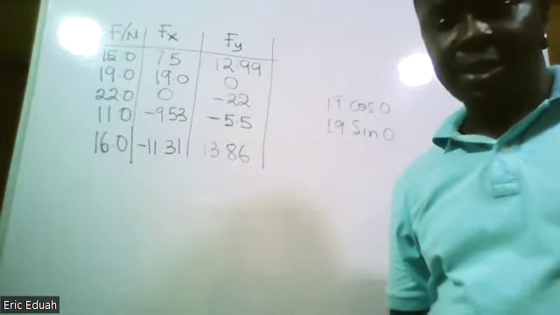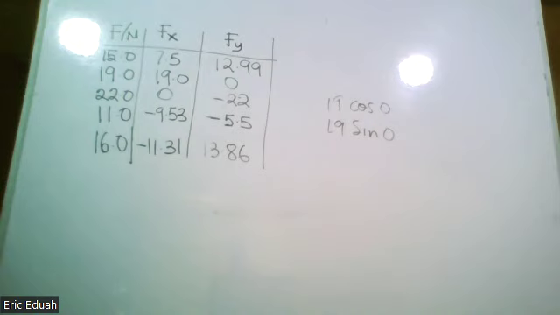All right. So these are the components. For the 19, x is 19, y is 0. For the 15, x is 7.5, y is approximately 13.